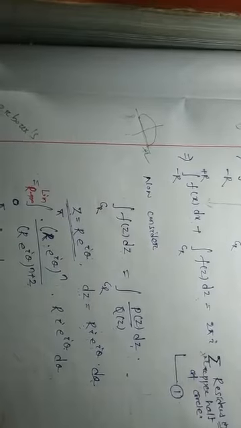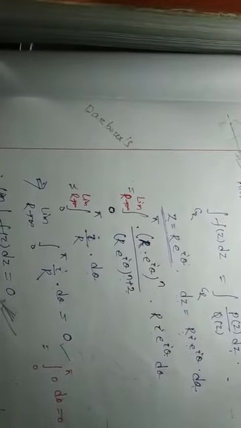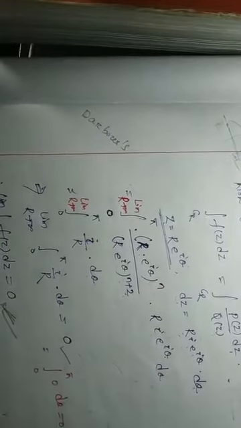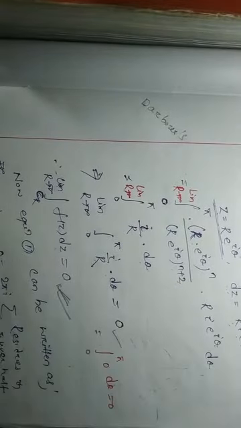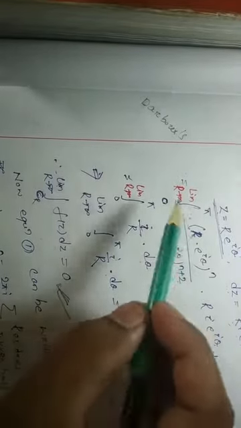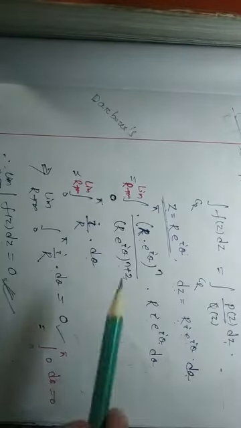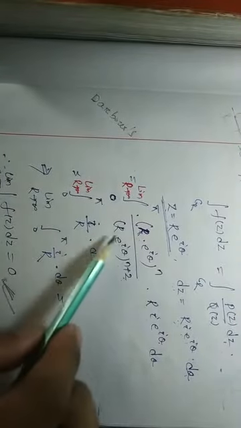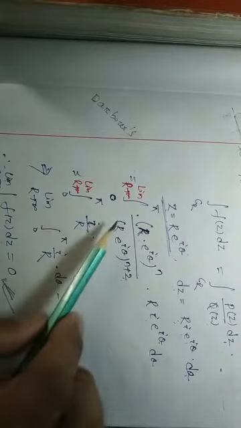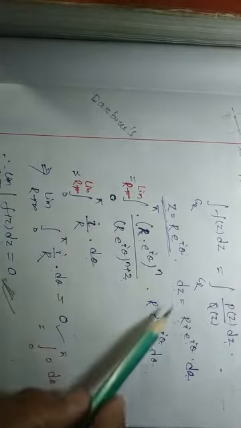In our type 1 case, the radius was 1 unit, but here the radius is not 1. The radius can vary from minus infinity to plus infinity. So if we put r tends to infinity, what will be its value? First we have to check what we are going to get inside this integral.